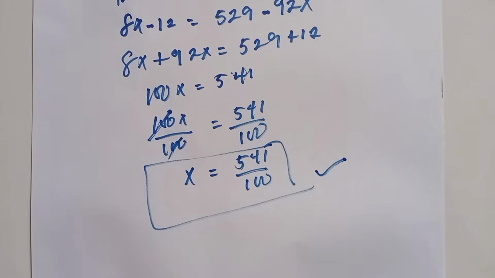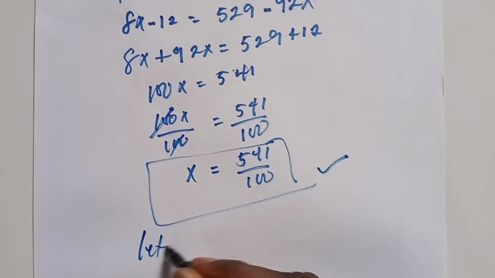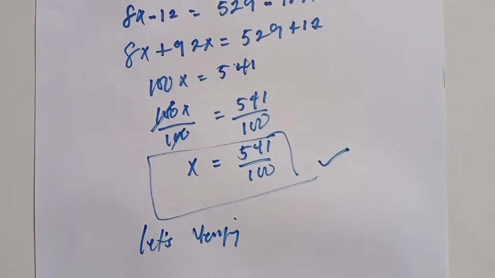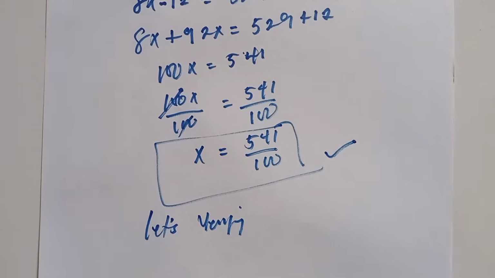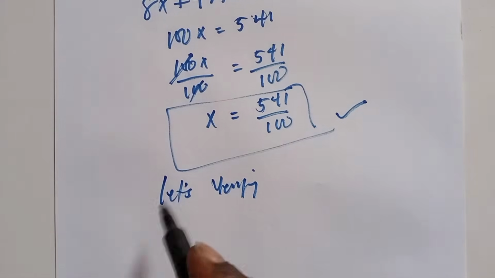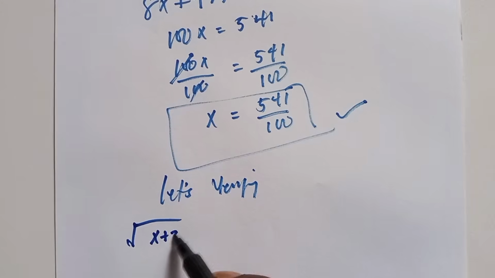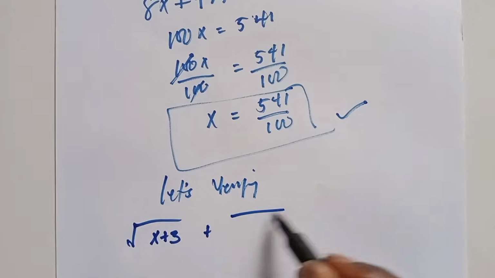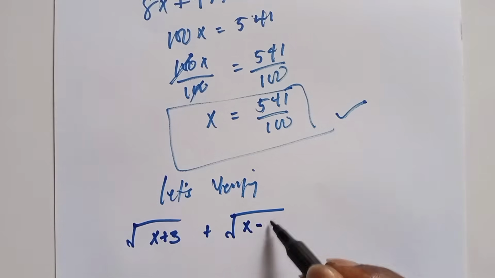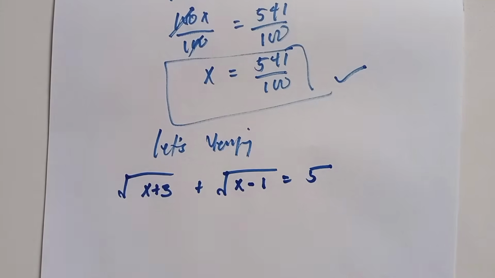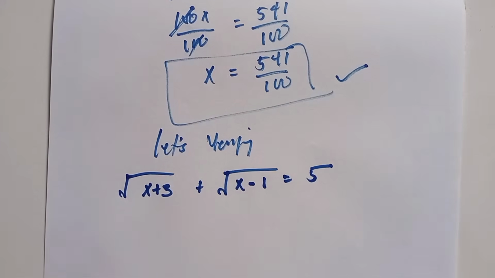So now let's verify. We have our equation root x plus 3 plus root x minus 1 is equal to 5, and our x is equal to 541 divided by 100.